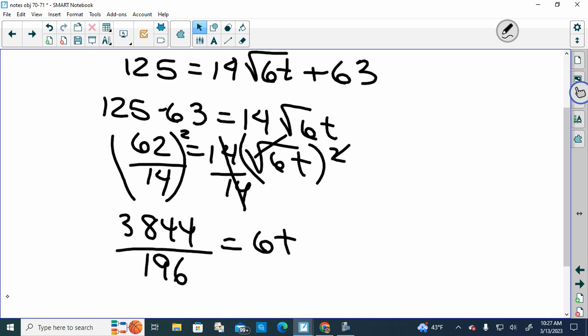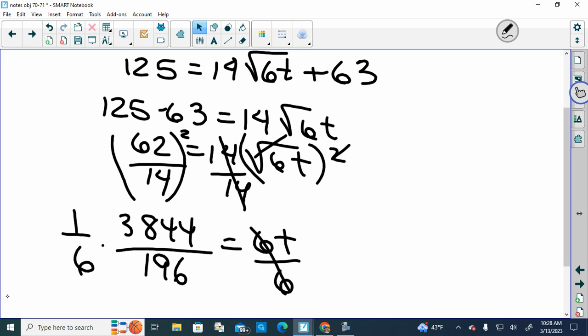So this is 6 times T, so the opposite would be to divide by 6, right? But when I divide by 6 on this side to get rid of this, I'm really dividing by 6, and it's a fraction, so I have to keep, change, flip. So it's not really 6 anymore, it becomes 1 over 6. Normally it'd be on this side, but I'm going to write it on this side.